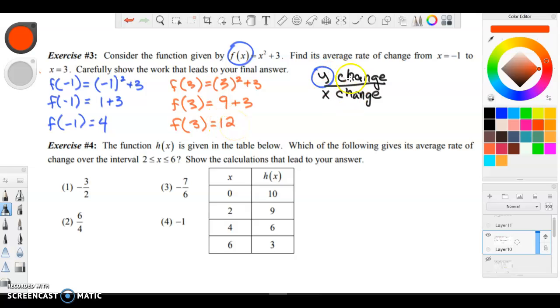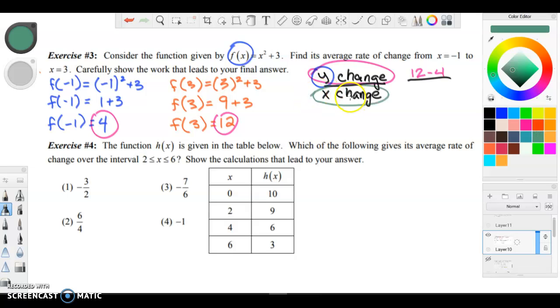Now we'll go back to our y change over our x change. So our y values are going to be represented by, let me do it in pink, our y values right here. Our y change is going to be, well, our y values were 12 and 4, right? So let's just subtract these to find out how much they changed. 12 minus 4 divided by, let's see, our x's, give me a green.